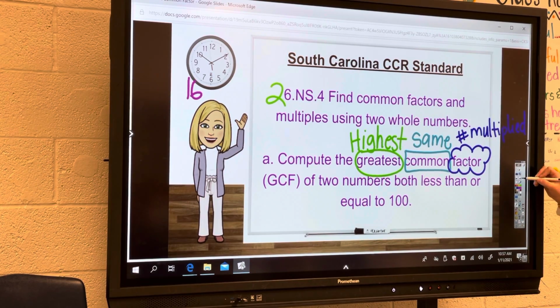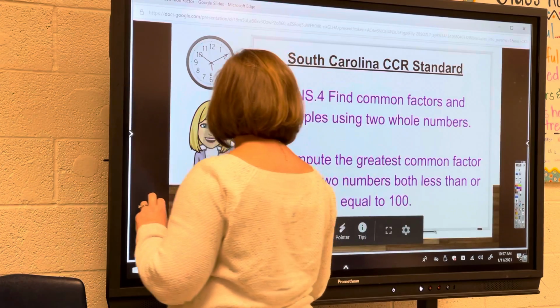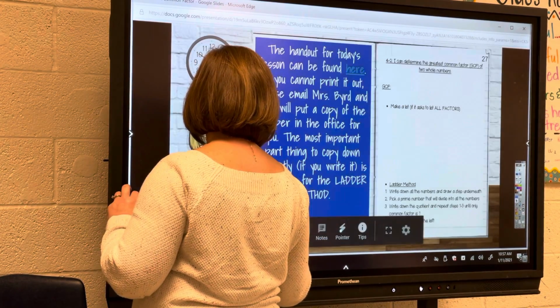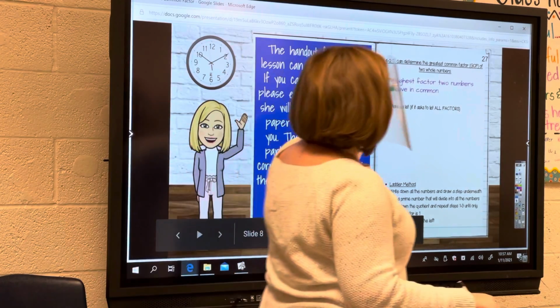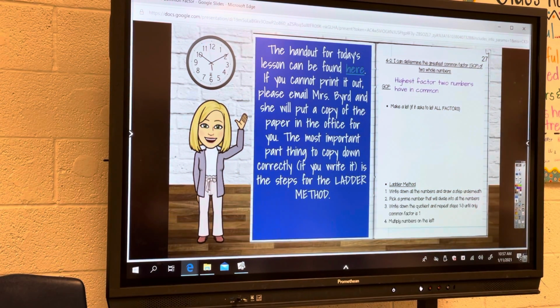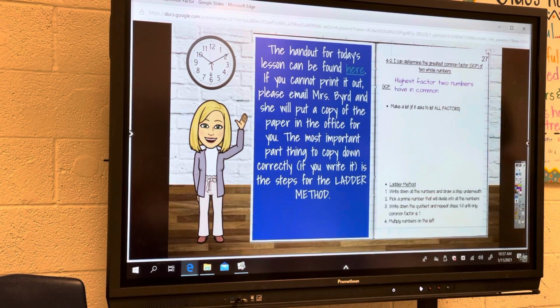Okay? So, if you will look at that sheet that I gave you, I want you to tape it on page 27. And GCF is short for greatest common factor. And greatest common factor is the highest factor 2 numbers have in common, or the highest factor that is the same for 2 numbers.